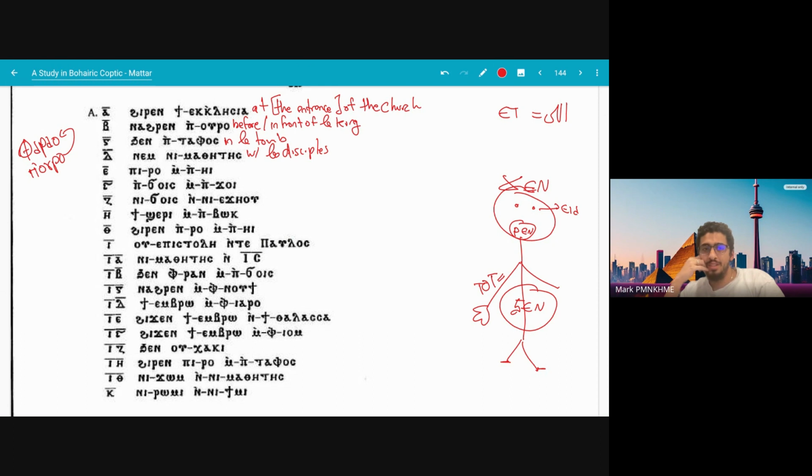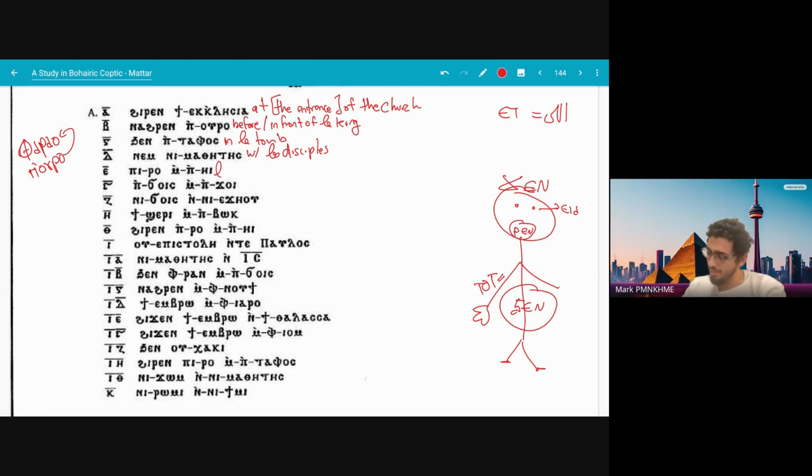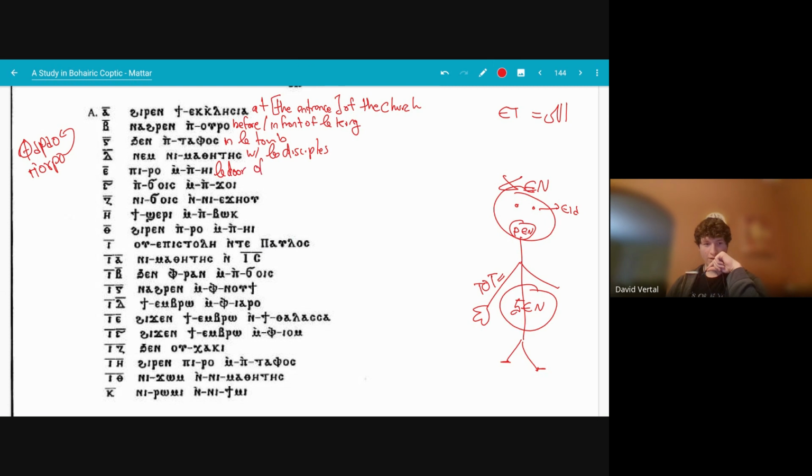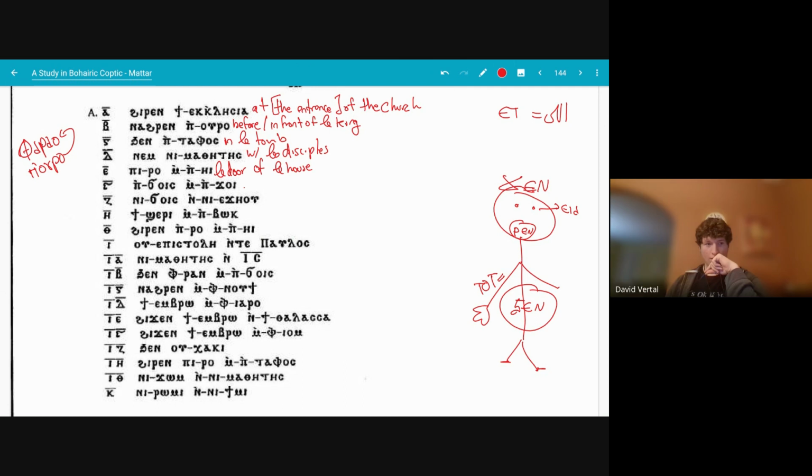All right, David, next. Idro MFA, the door of the house, or home, if you like. Epchois Joy, the lord of the ship. Ni choice and ni Ejeu, the lords of the ships.